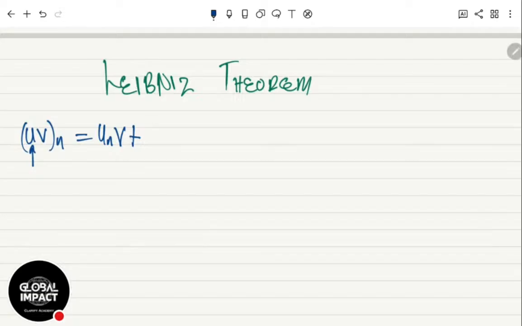Here, what will it be? The nth derivative and 0. Then the (n minus 1)th derivative, 1 behind the nth derivative, with v1. But before you put that, you say n choose 1.